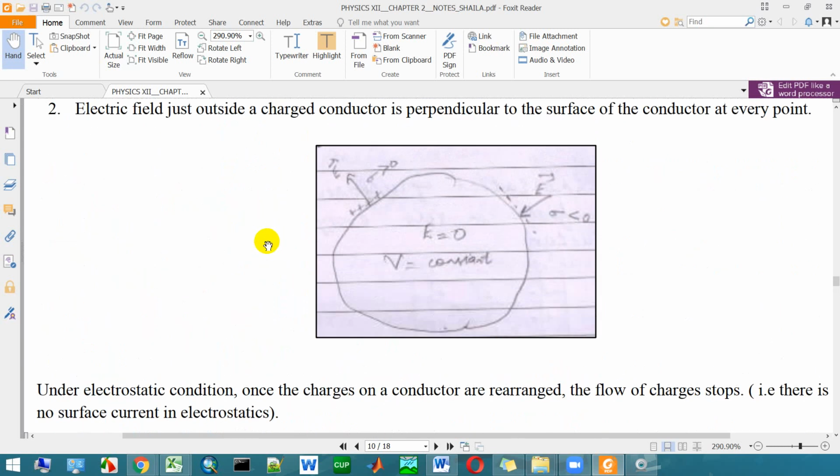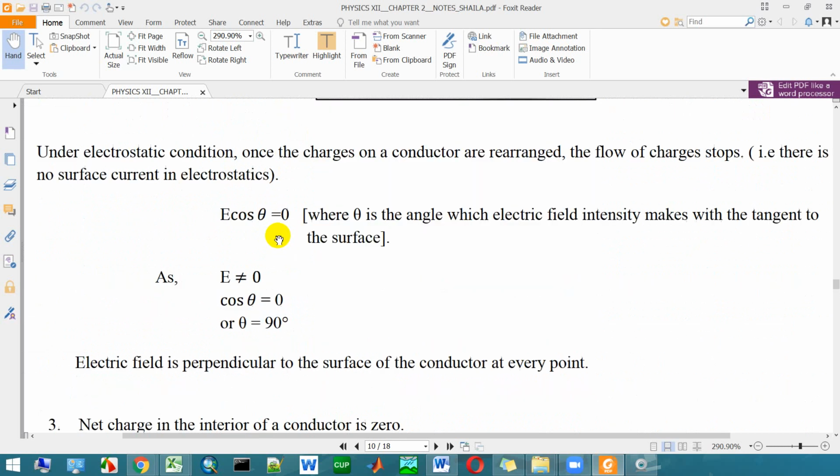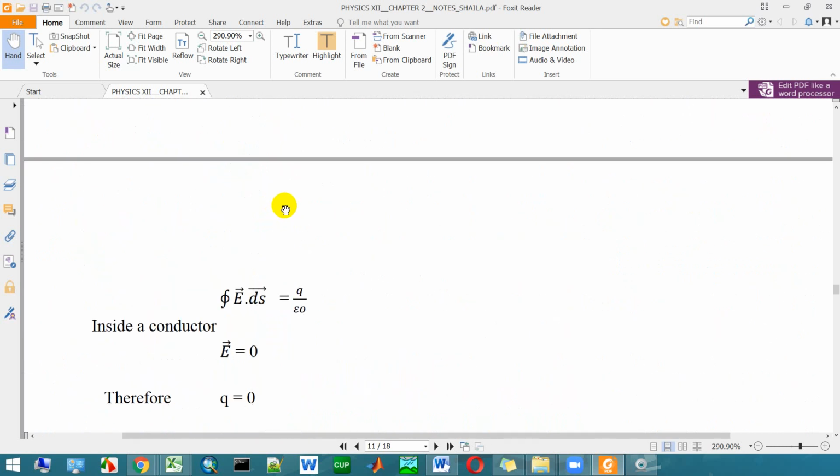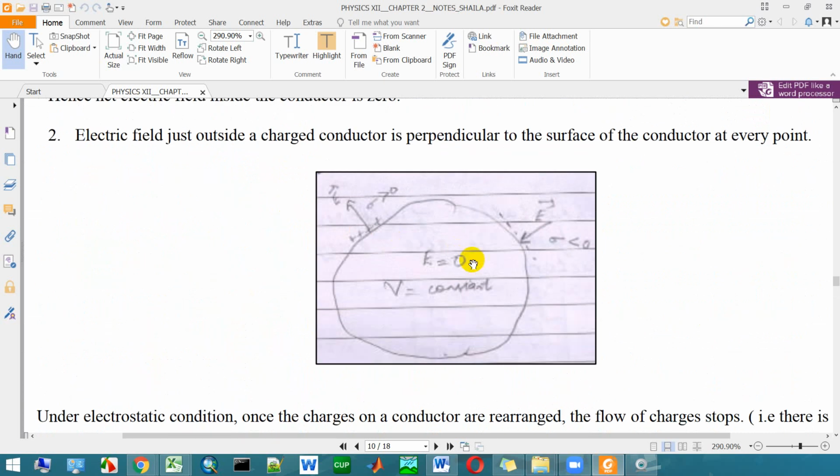So how many properties have you learned? It is 4 properties. First property is that E is 0. Second property is that E is perpendicular to the surface of the conductor. Third property is that Q net is 0, because E is 0, Q net is 0, by Gauss's theorem.